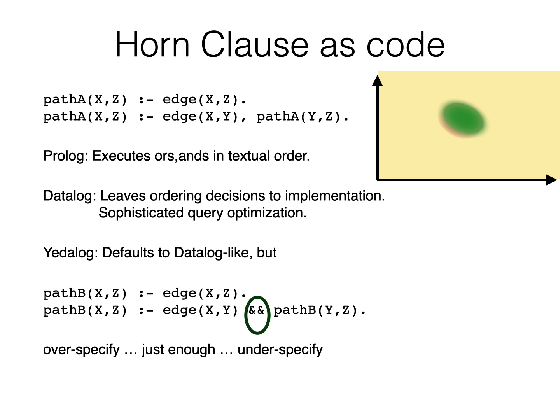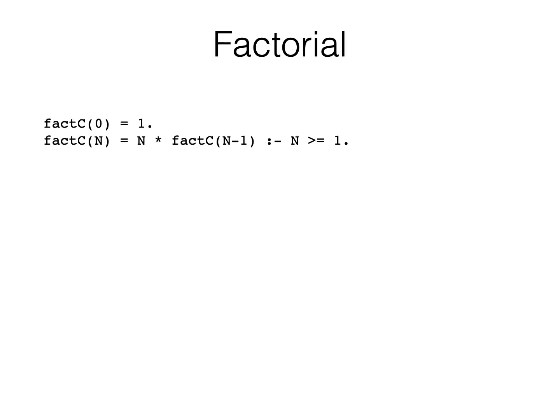So this is enough to explain the heart of the talk. I did a survey internally at Google asking people to write recursive factorial in Yedalog. These were experienced Yedalog programmers. And almost all of them wrote factorial in this way.